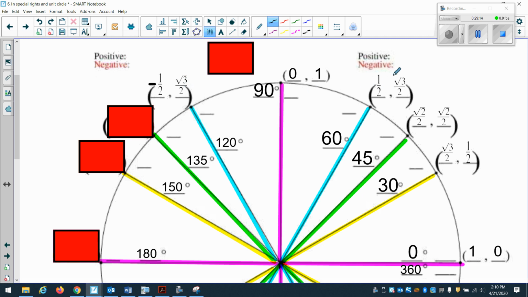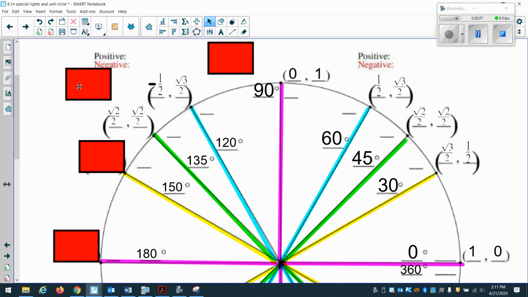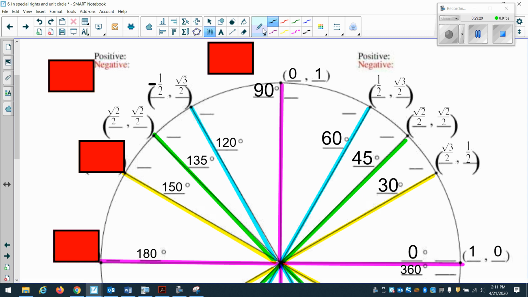Again, same coordinates. However, your x value now becomes negative. So for 45 degrees, we did green. That's the same as 135. So this coordinate is going to be exactly the same. However, your x value will be negative.